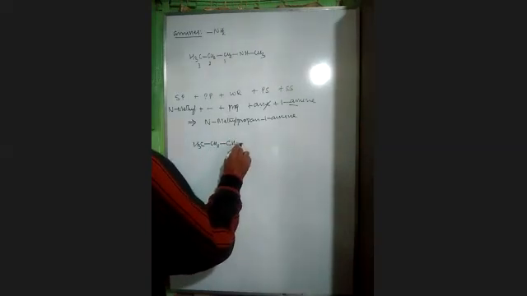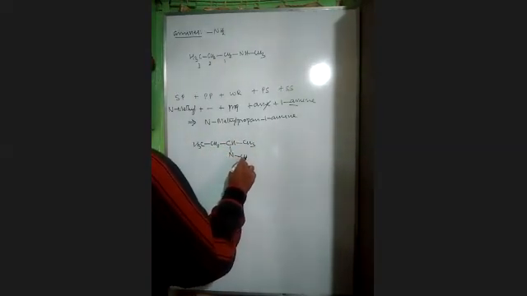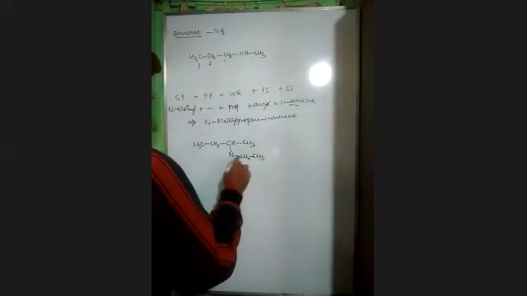Now, similarly, if you have taken this, in such a case, what will we do? Which is the longest chain? This is the longest chain. This is the main chain.